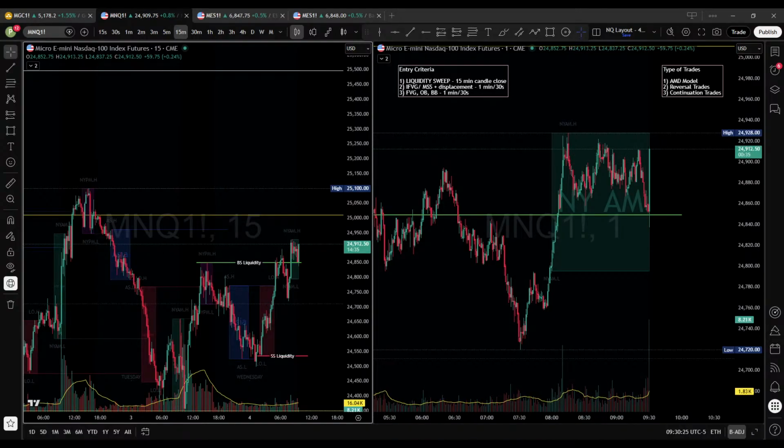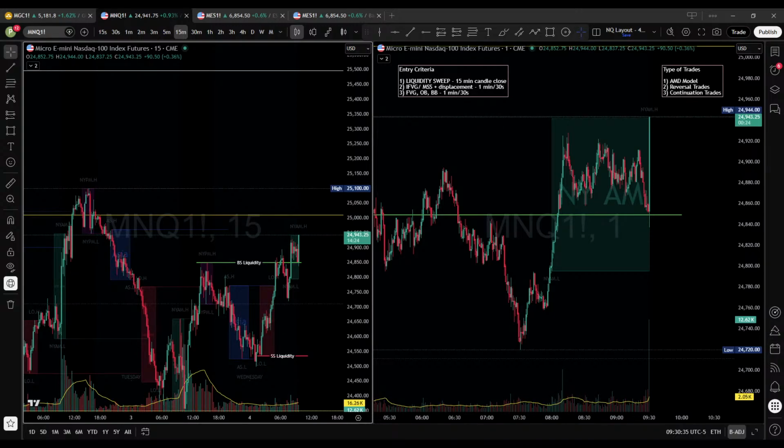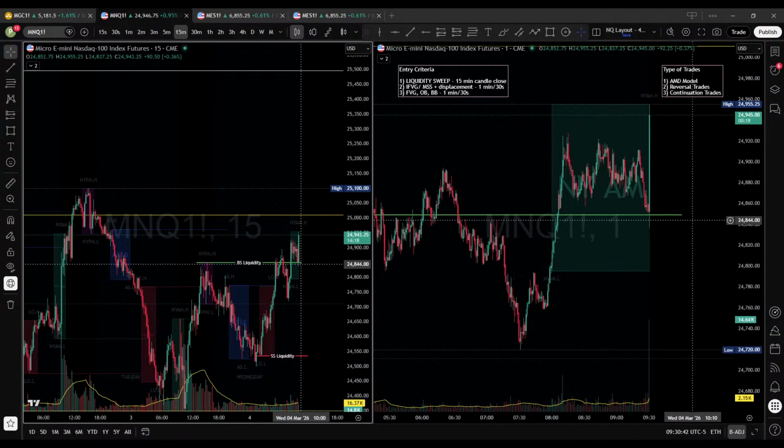Looks like it's going up higher. Ooh, stop loss is going to be way bigger. We still have to wait for the candle to close. We cannot enter without any confirmation.